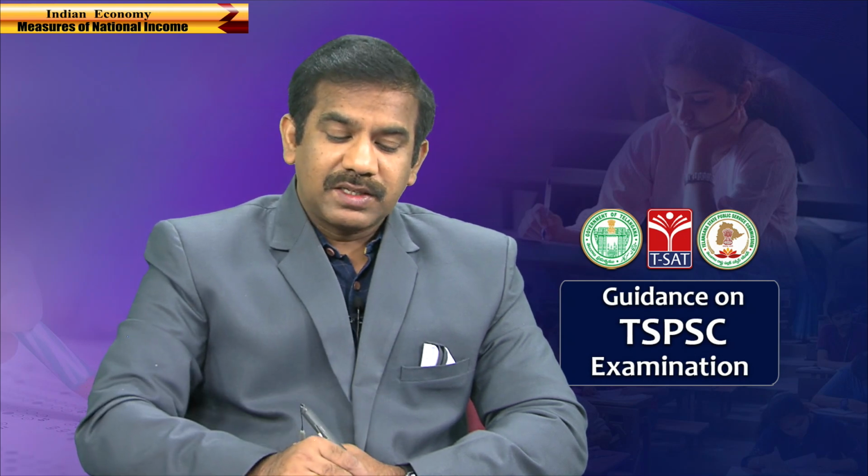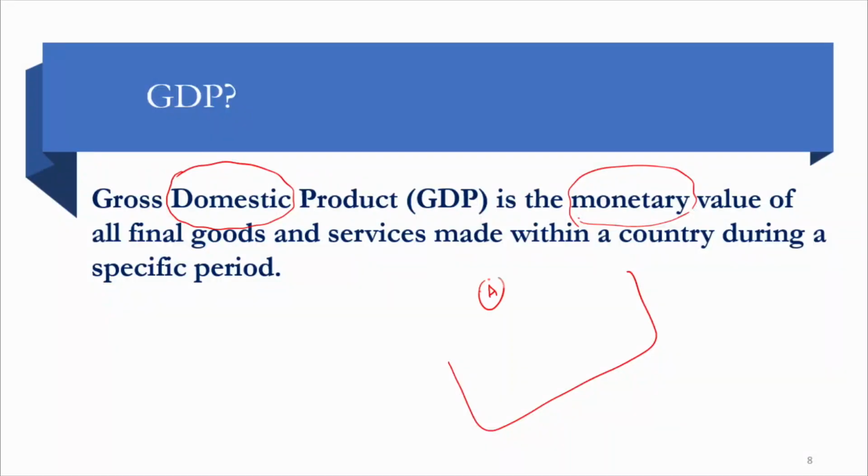Because there are different ways of expressing your output. Let's say I ask a person from China, what does your country produce? That person could say, my country produces 1,000 shirts, 200 million tons of wheat, 300 million tons of rice, 400 tons of so and so, isn't it? So you could express the output of your country in terms of a basket of goods and services you produce. A country could produce a basket of goods, some number of mobile phones, laptops.